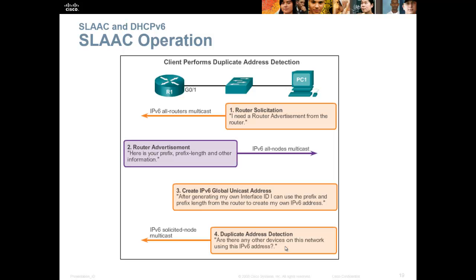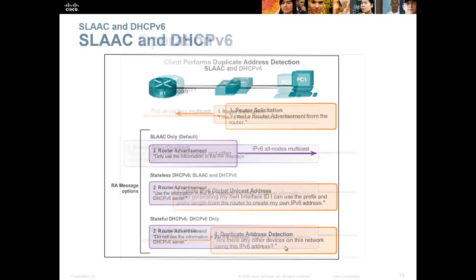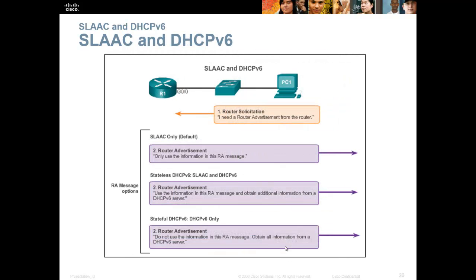Now, you can use SLAAC and a DHCP server. That way, when the PC says, hey, I need an IP address, you've got some options. If it's SLAAC only, hey, here's the network portion. But if it's SLAAC and DHCP, it says, hey, here's the network portion, and I'm going to go to the DHCP server and see what you need for the host portion.